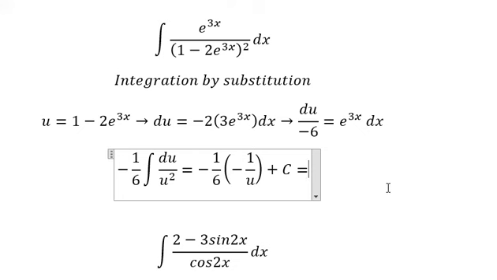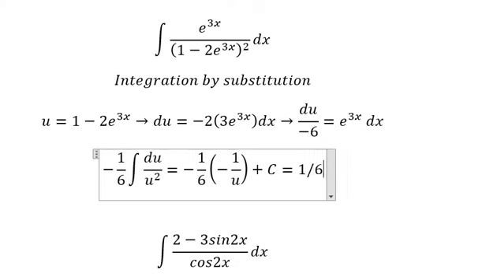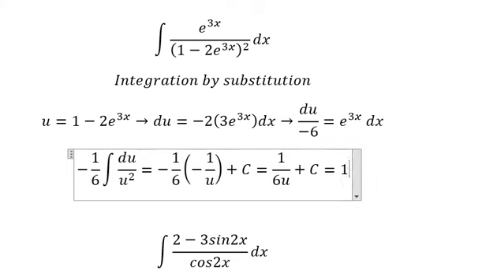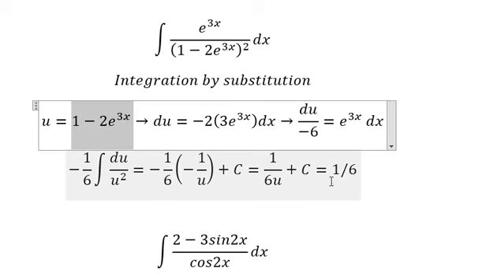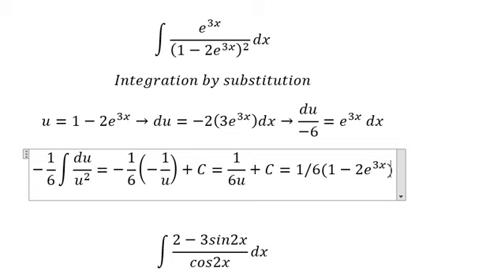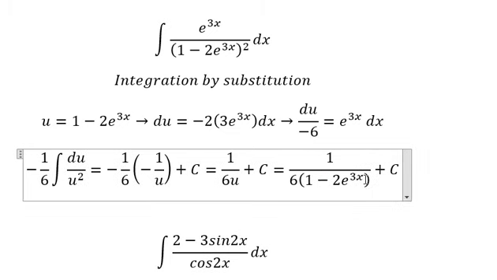Negative, negative, we simplify. For u, that is this one. And we put c.